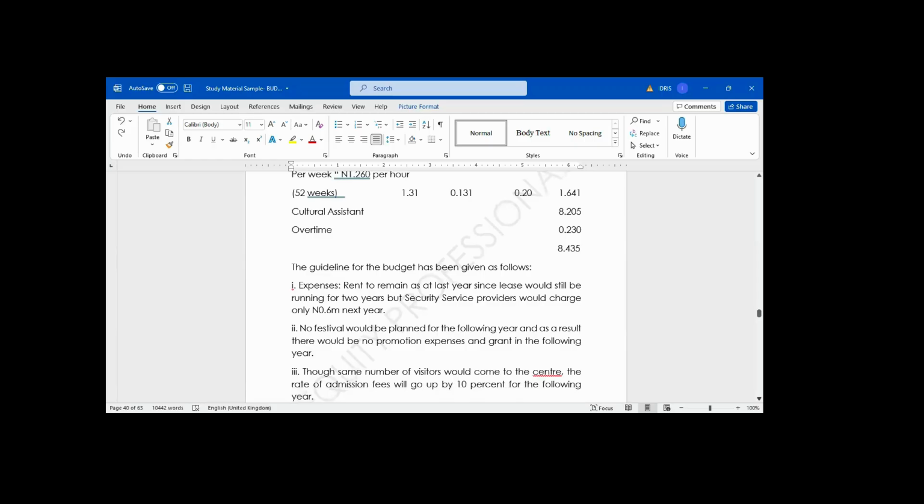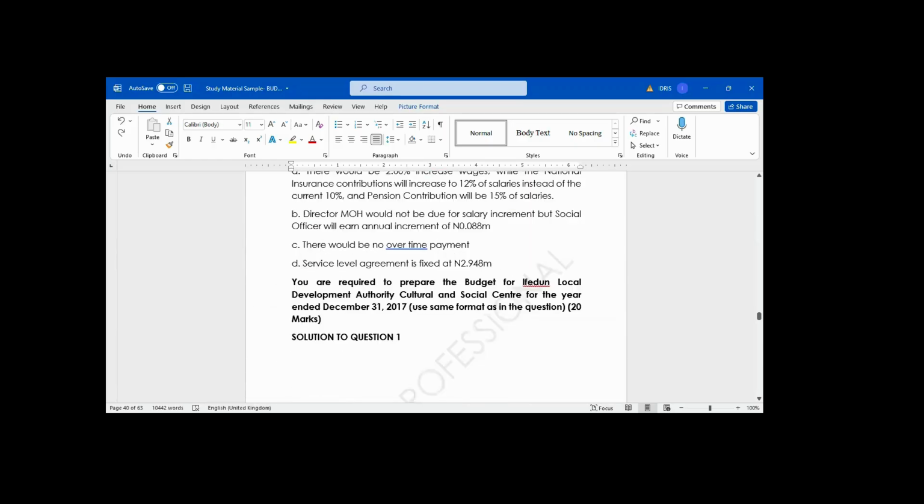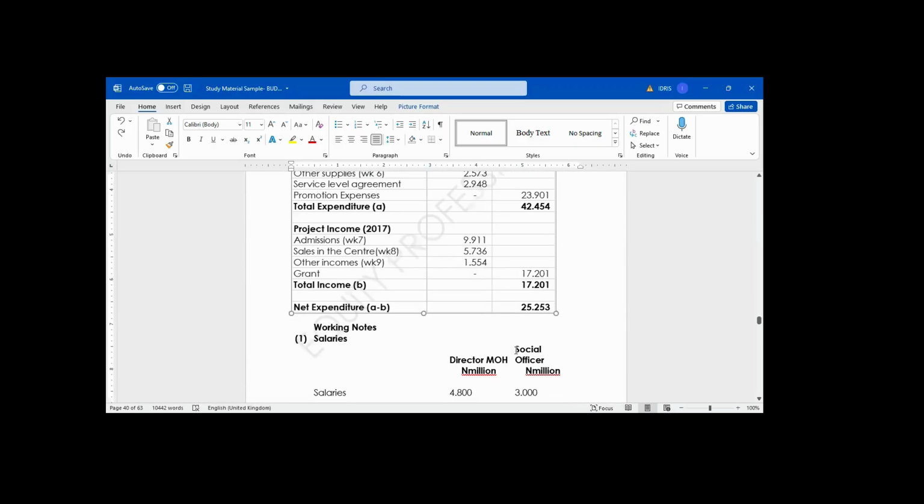Help us read it. No festival will be planned for the following year, and as a result, there would be no promotion expenses and grants in the following year. That means our promotion expenses will be 0. Promotion expenses, dash. Can we see that? Yes, sir.